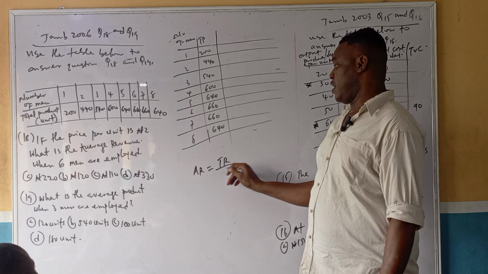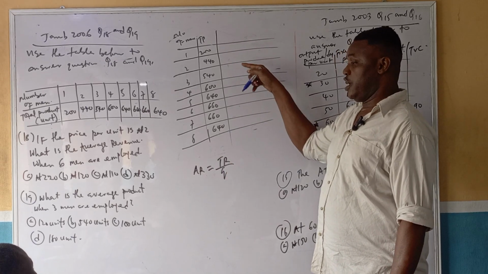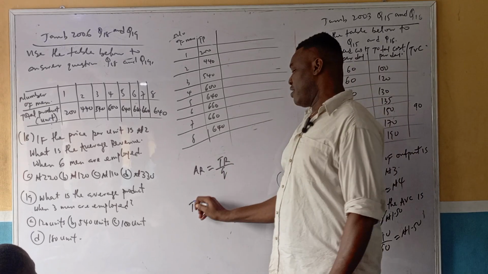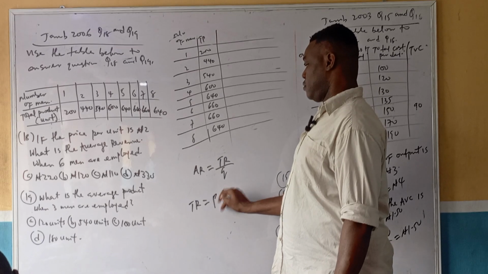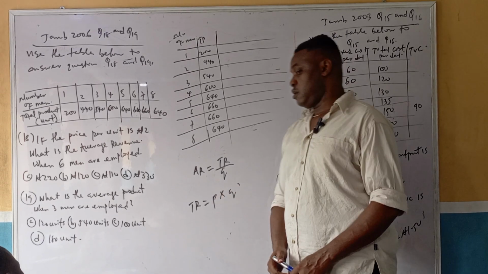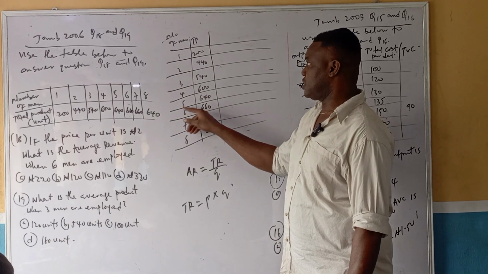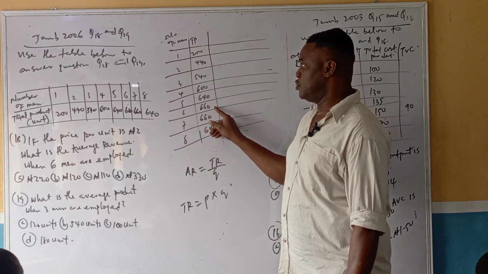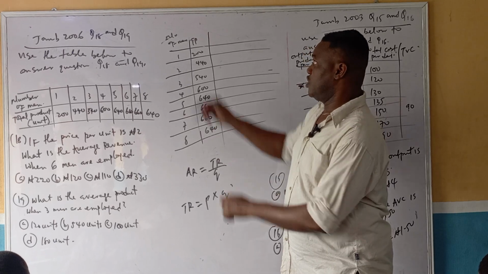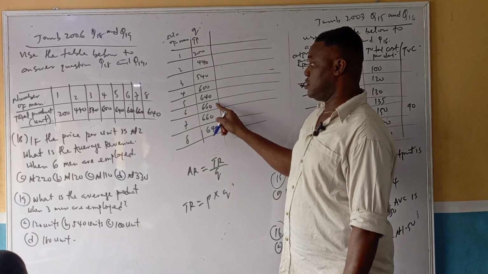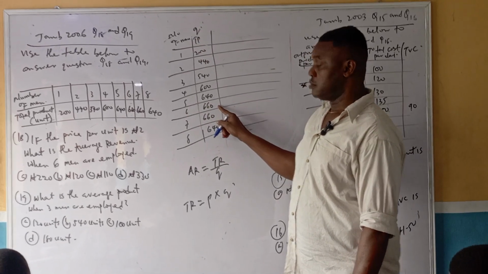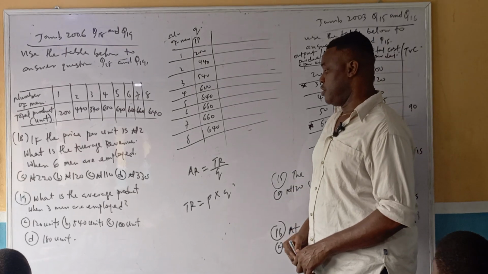Total revenue over quantity. Do you have total revenue here? What is the formula for total revenue? Price times quantity. What is my quantity at 6 men? How many do they produce? 660.